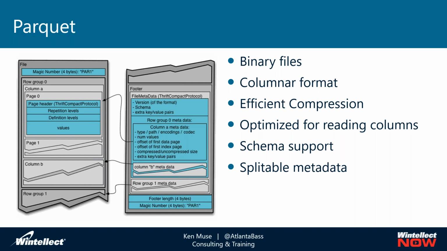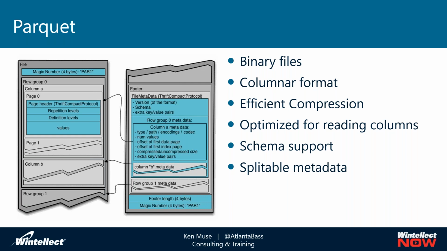To that end, Parquet files support something else, schema, the ability to define the type of data that's stored within it and to be able to query on it against those columns and rows.